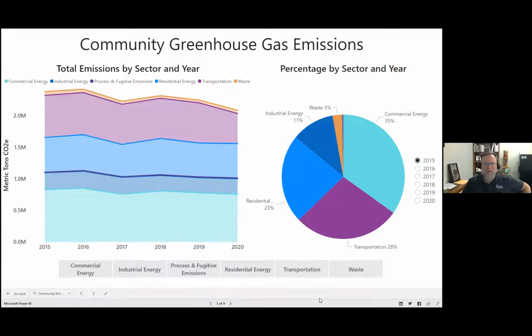All right. So what I wanted to call some attention to is the information here on the screen, because we see a drop here in 2020, and we're waiting on a few final and minor data points to come in before we finalize the 2020 inventory, but it's definitely close enough to make some assumptions about it.